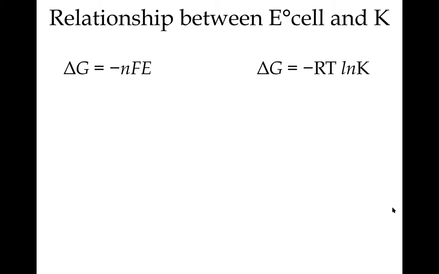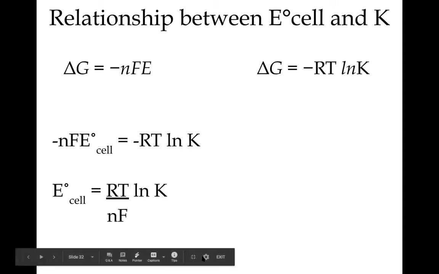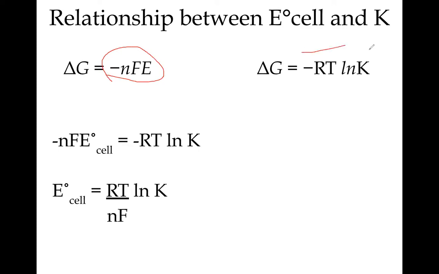So if we take those two equations and put them together, we can say that this is equal to this if they're both equal to delta G, right? So this equation that we just learned is equal to this equation that we learned last quarter.